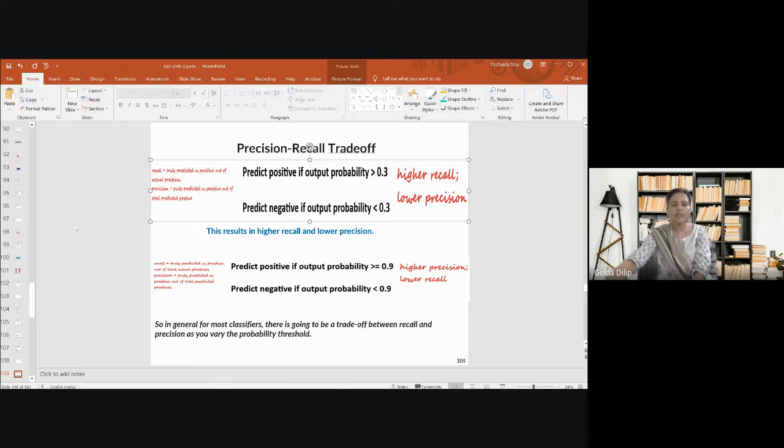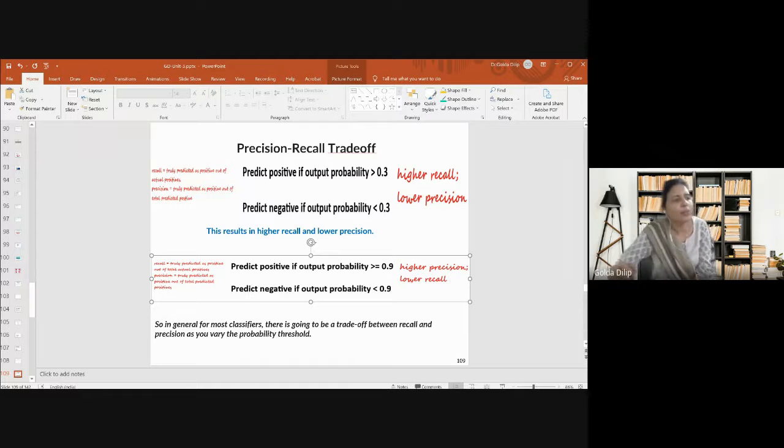The second thing I'm showing you here is actually the opposite of the first scenario. We want to classify the passengers as positive only when we are sure that the passenger is positive.